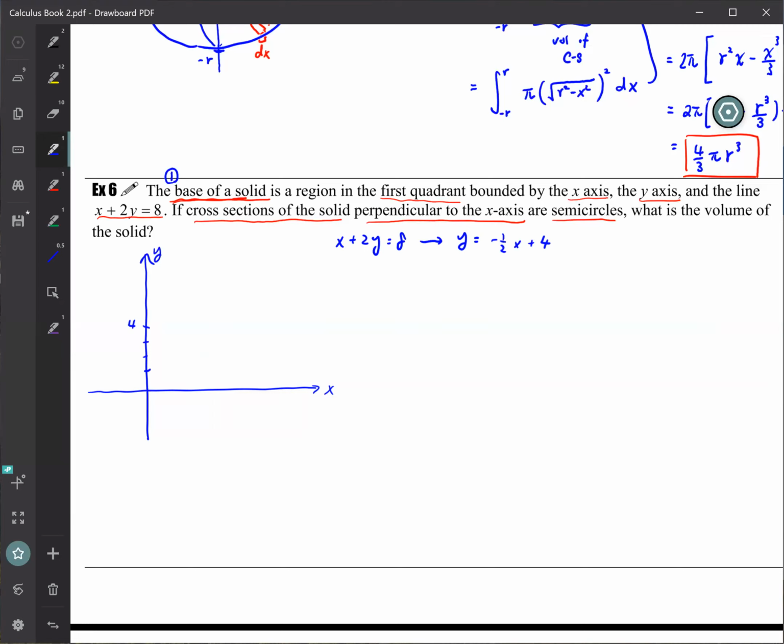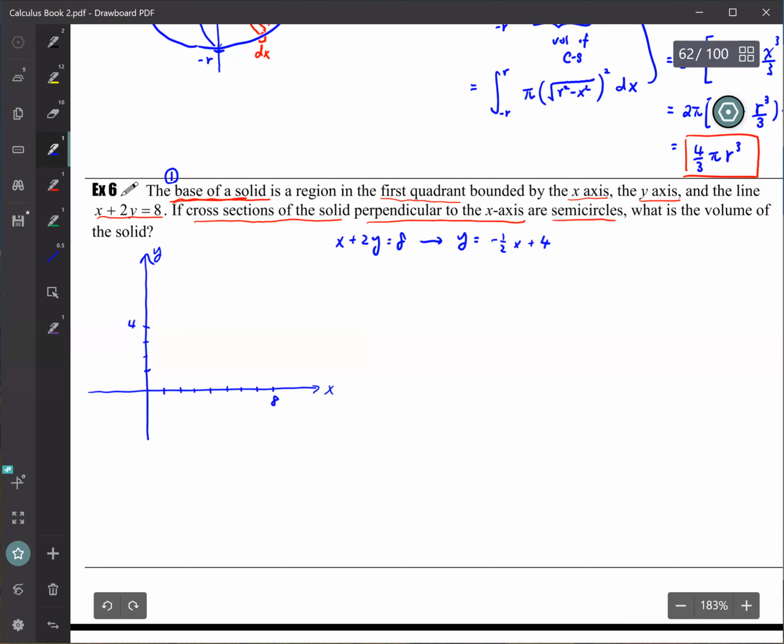Can you raise your hand if you found the x-intercept? Put y as 0 and find the x. So Leon, what do you have for x-intercept? 8. Yep, very good. Okay, so let's draw that as well. 1, 2, 3, 4, 5, 6, 7, 8.